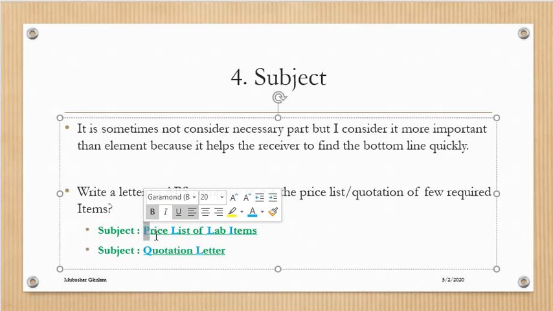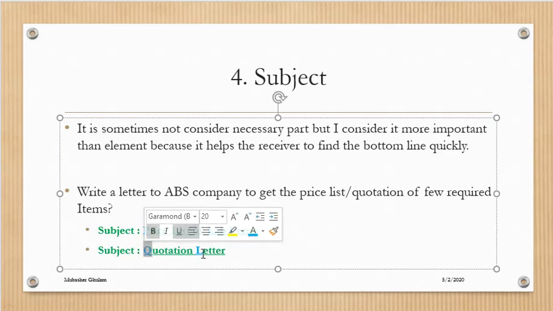For price, P is capital, for list, L is capital, for lab, L is capital, for item, I is capital. Whereas "of" is a conjoining word, so we are not using a capital O. In the second one you can see Q is capital and L is capital. So this is another thing while you're writing the subject line: this should be an understandable phrase like a heading, and the first letter of every word is capital except prepositions.